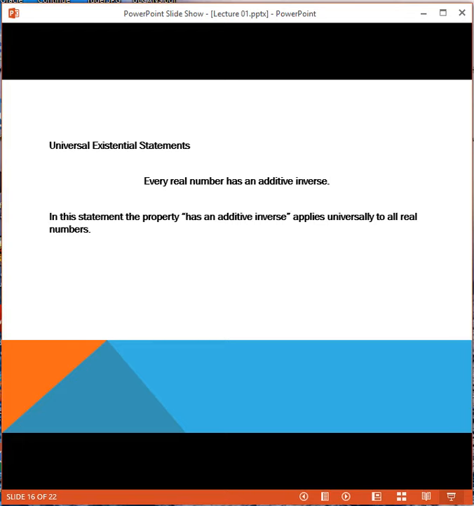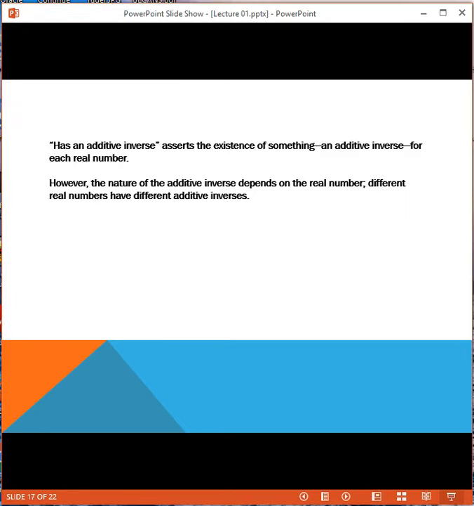For example, every real number has an additive inverse. The property of having an additive inverse applies universally to all real numbers. Has an additive inverse asserts the existence of something, an additive inverse for each real number.